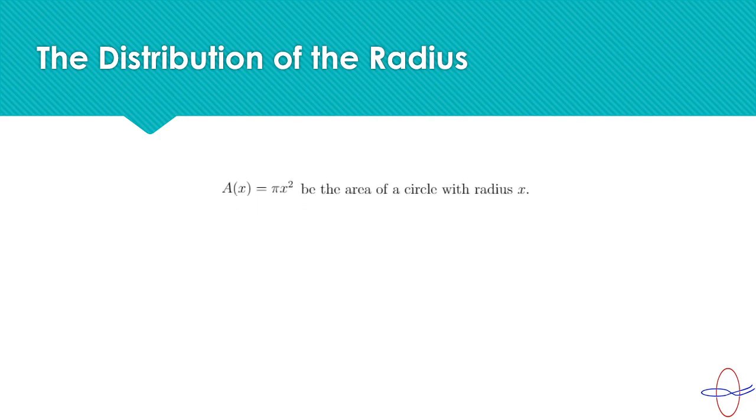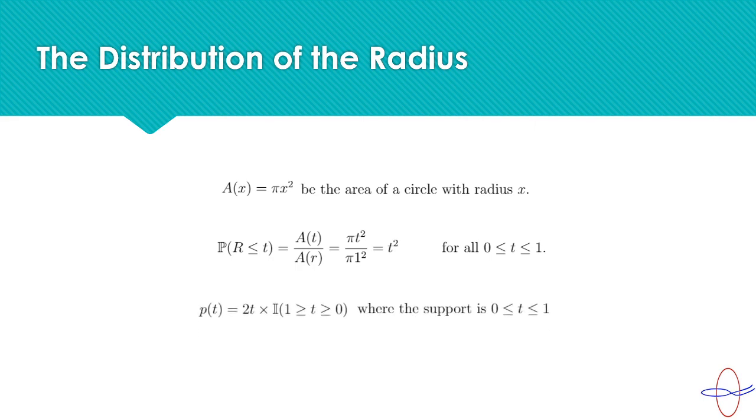So we define that the area is equal to pi x square, which is the area of the circle with radius x, and to get the distribution of the radius, we use uniform sampling over the geometric shape. We take the disk of radius t and divide by the actual disk, which has radius 1, and we get that the probability is equal to t square, where t is between 0 and 1.